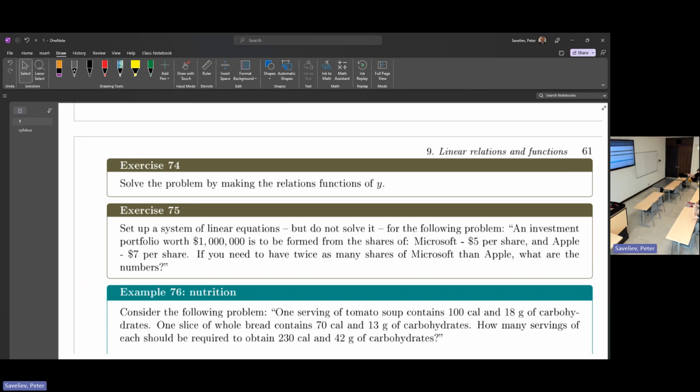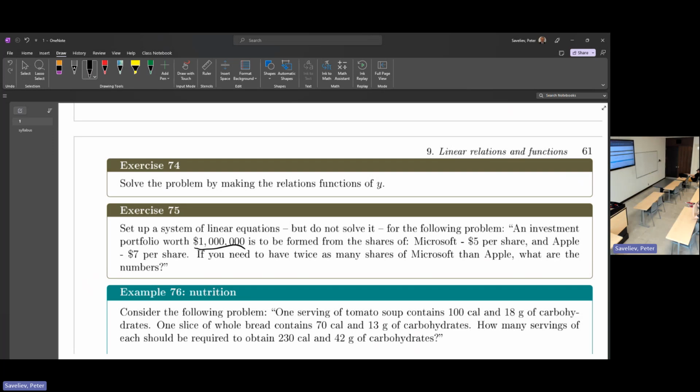It is mixed together in your portfolio: Microsoft with Apple. As you can see, the portfolio is supposed to be worth $1 million, with Microsoft at $5 per share and Apple at $7 per share. That's the first requirement, that the portfolio must be worth $1 million. The second one is that, for whatever reason, you want to have more shares of Microsoft than Apple.